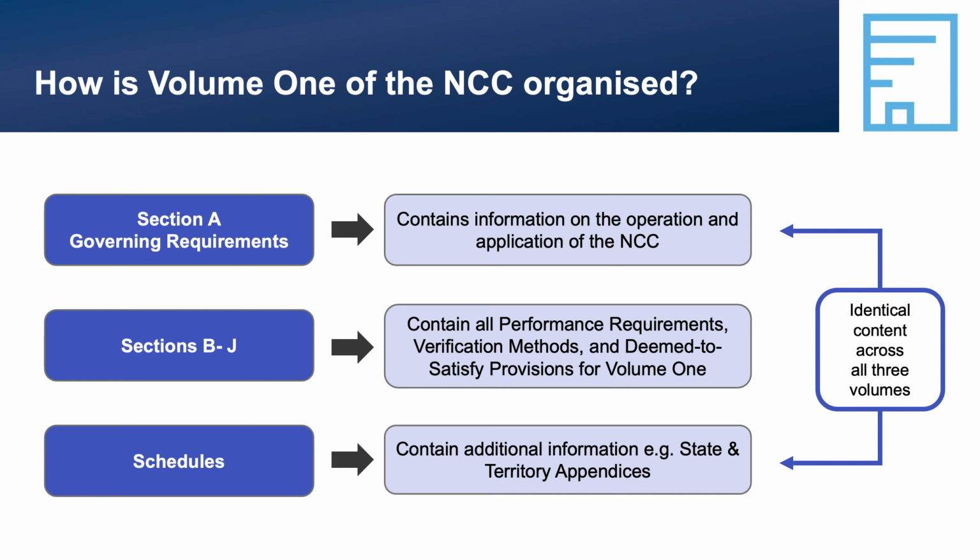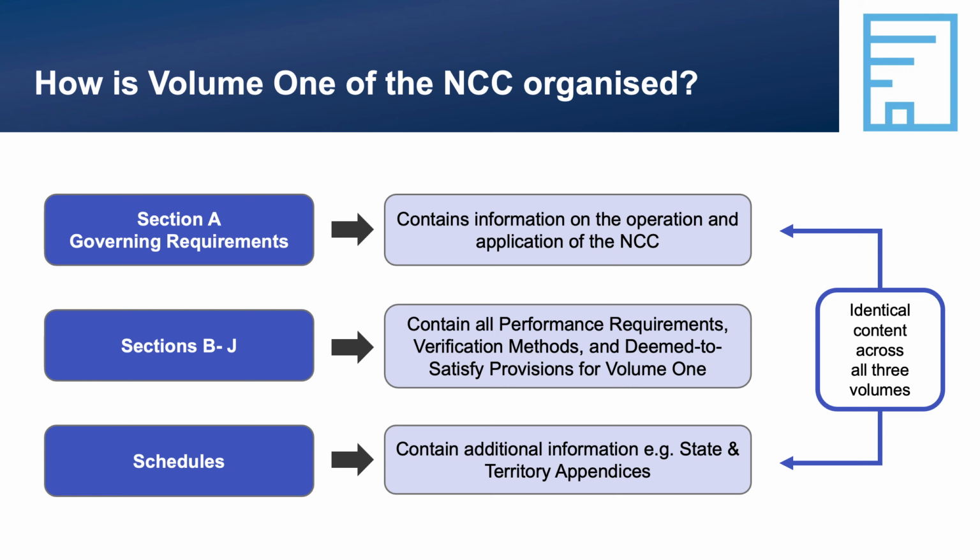Sections B to J contain all the performance requirements, verification methods and DTS provisions for Volume 1, that is all those applicable to Class 2 to 9 buildings and some Class 1B and Class 10 buildings or structures.